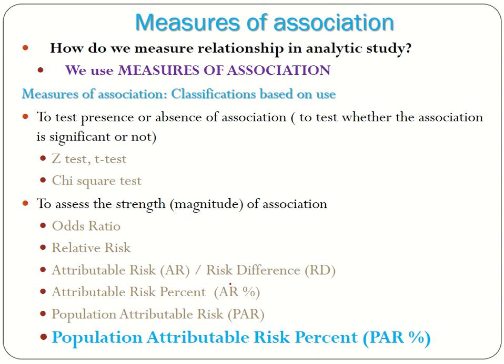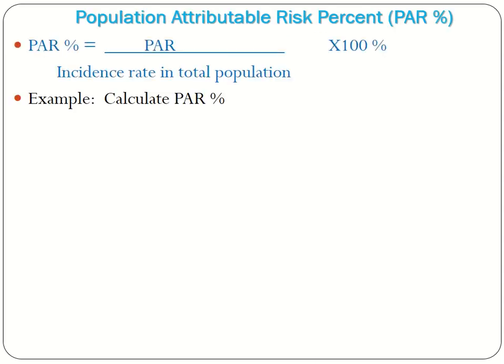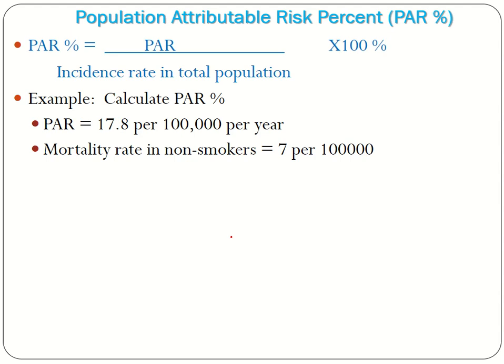So the last one is the population attributable risk percent. Just like the attributable risk, after you get the population attributable risk, you can calculate the percent. Taking the previous example, we said 17.8 per 100,000 population per year.